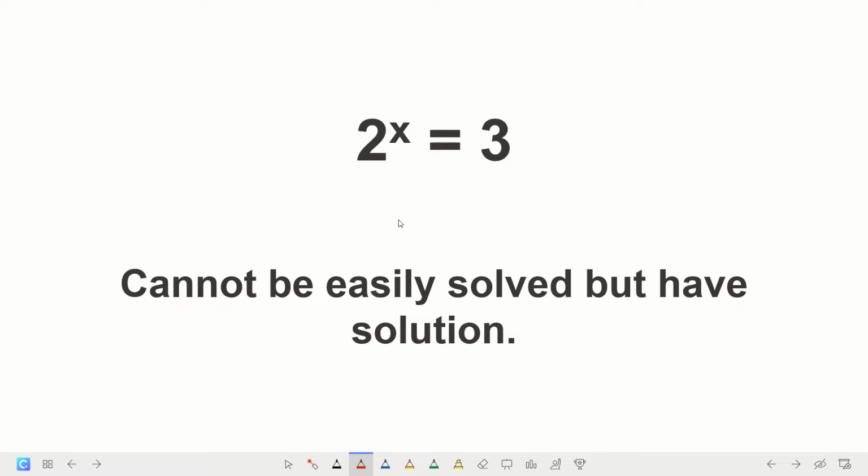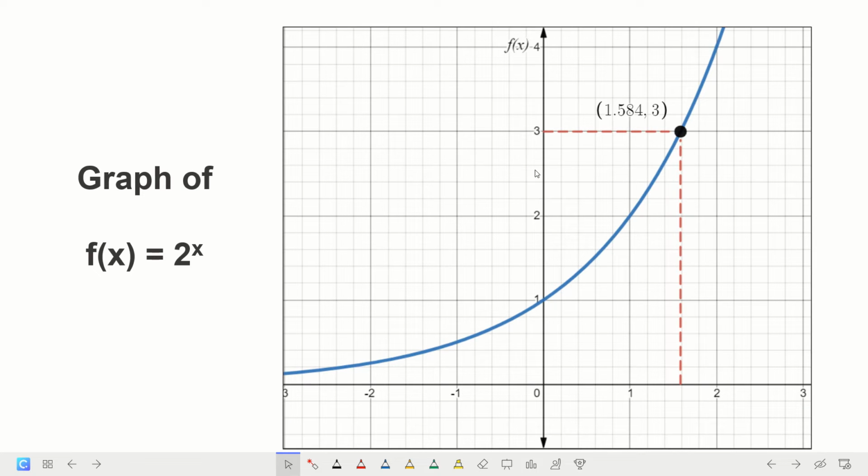So the common base cannot be easily solved for 2 raised to x is equal to 3. But we know that there is a value of x that would result to the function be equal to 3. So it can also be seen in the graph of f of x is equal to 2 raised to x, where the value of x here is approximately 1.584 and 9 continues. So we know that if we graph the function f of x is equal to 2 raised to x, kapag ang 2 raised to x is equal to 3, there is a value of x here.